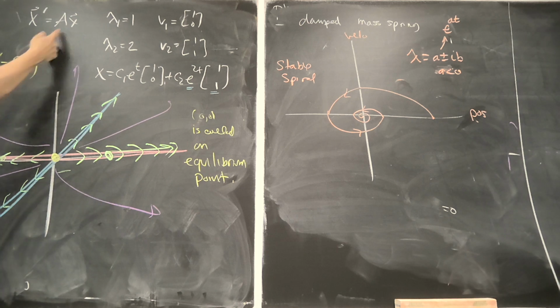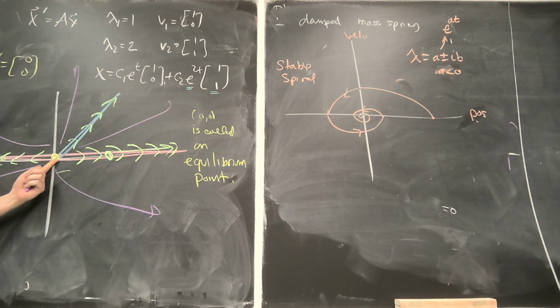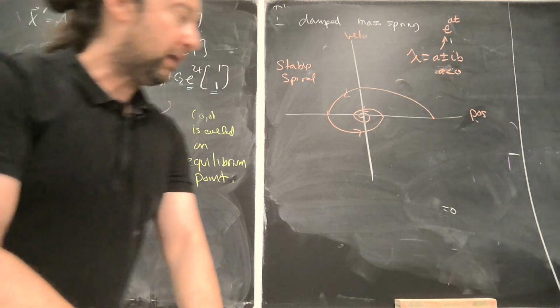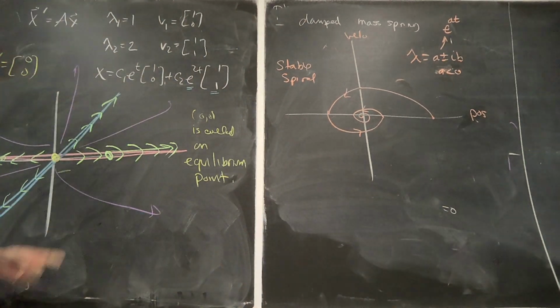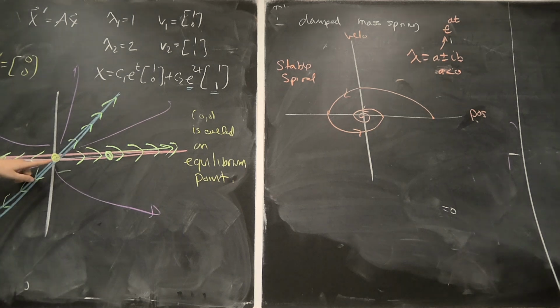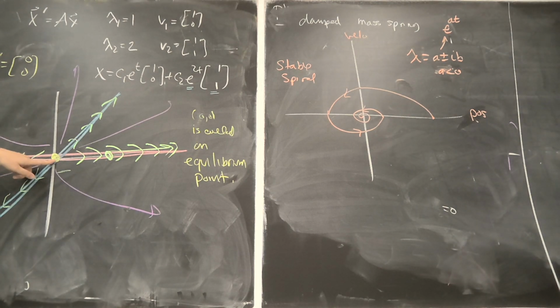Right? I mean, A times 0, 0 is 0, 0. So the derivative at 0, 0 is nothing. You can't move. If your derivative in the x direction and your derivative in the y direction are both 0, you're not going nowhere. However, if you move even a little bit from that point, you go flying away to infinity.